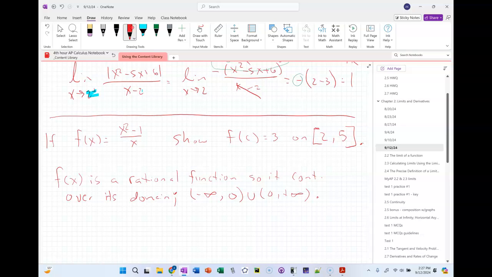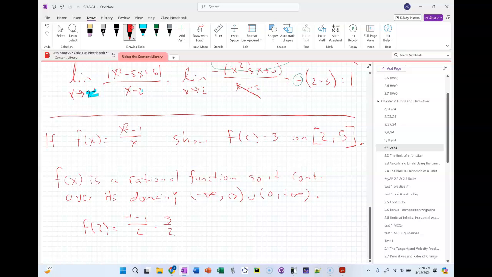Well, we just need to find a value or an x somewhere on 2 to 5 that gives us a y coordinate that's less than 3, and then gives us a y coordinate bigger than 3. What are the two obvious choices to start with? 2 and 5. So if I do f of 2, I get 4 minus 1 over 2.